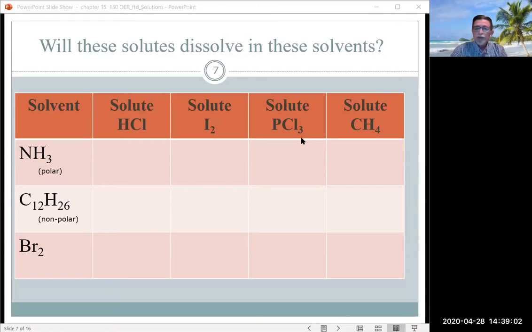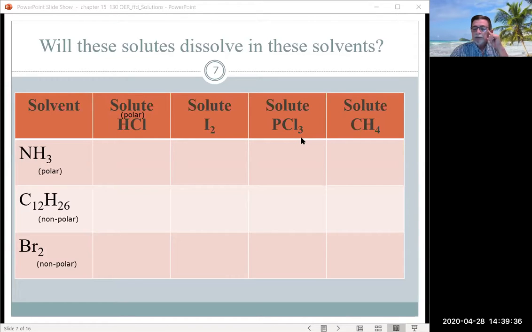And then we've got Br2. Recognize that again, that is a diatomic molecule of bromine. Diatomic meaning that bond is nonpolar, so that species is nonpolar. Going across to the solutes, HCl: we have two dissimilar atoms connected, automatically a polar compound, with the exception, remember, of carbon and hydrogen. But anything else, polar compound. So hydrochloric acid is polar.